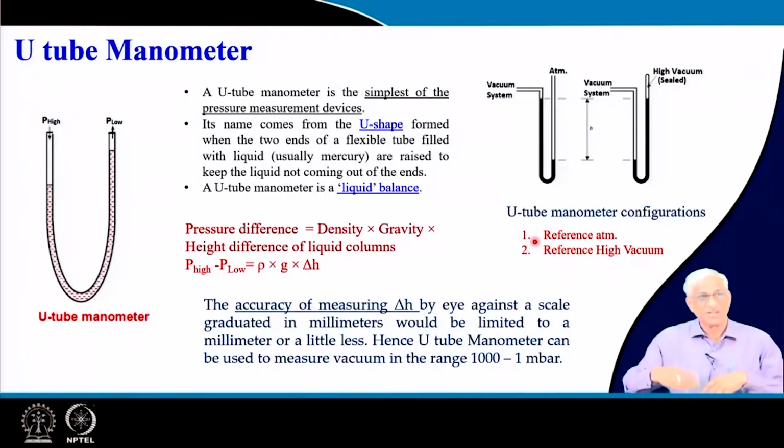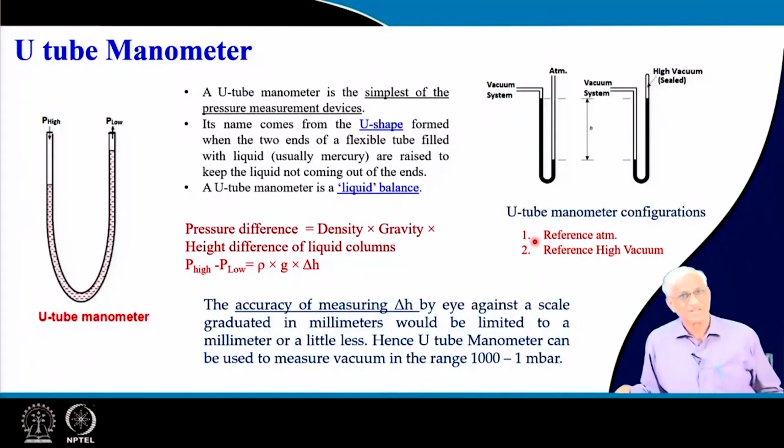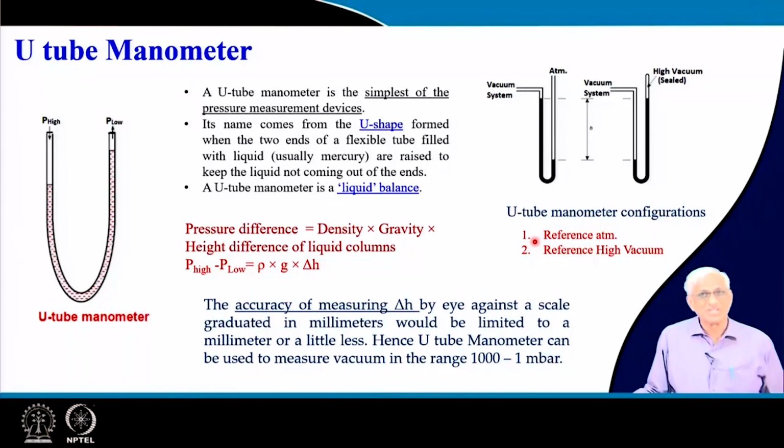Otherwise, if you use water, you have 10 meters and the relative densities are different. If you take one side as 0, it can be called level height, the pressure head, as people say.